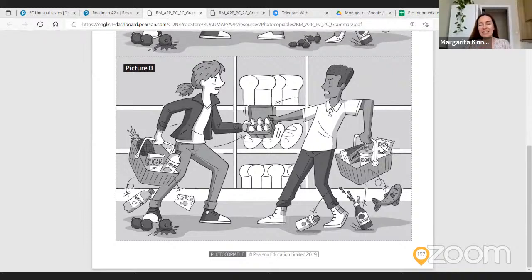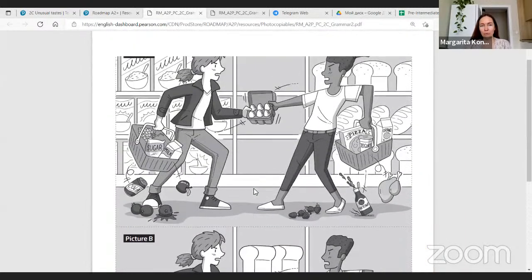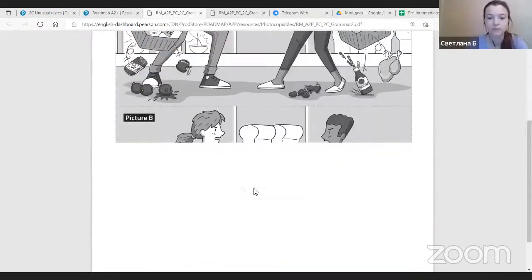For example, there is some cheese on the floor, almost on the floor. You don't have it, and you say there isn't any cheese on the floor. We think about some, any, a lot of, a bit and so on. Okay, let's go.